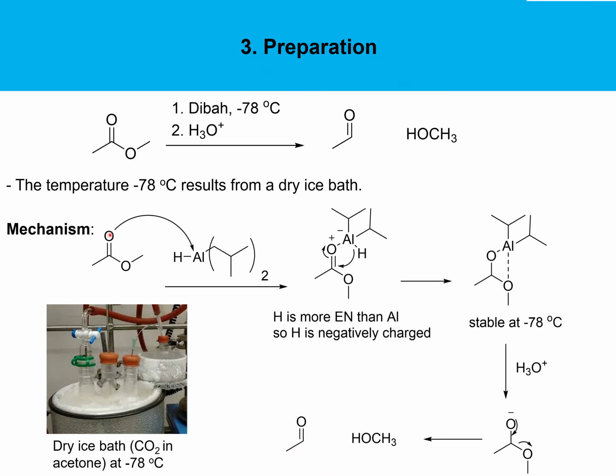So the reaction typically starts by the carbonyl oxygen attacking the aluminum. The reason for this is we have lone pairs on this oxygen, which makes it a base, a Lewis base. Note that this oxygen also has lone pairs, so it's also a Lewis base, but this one is more basic.